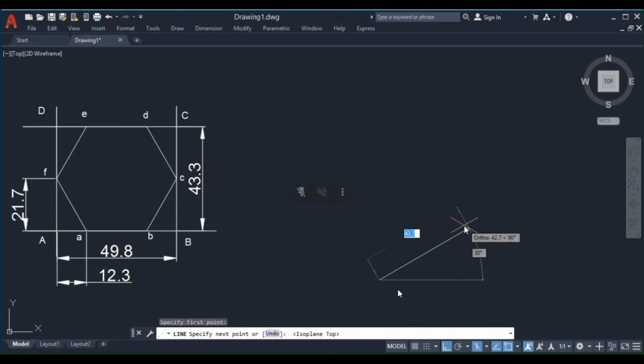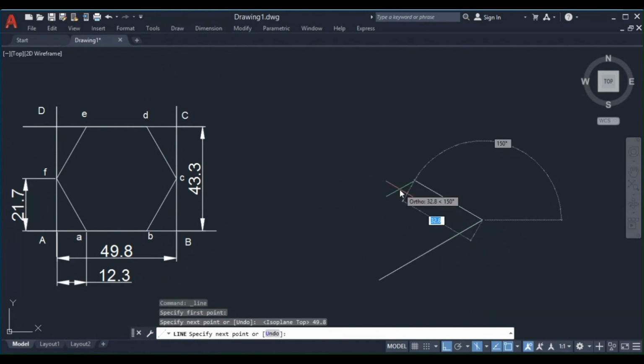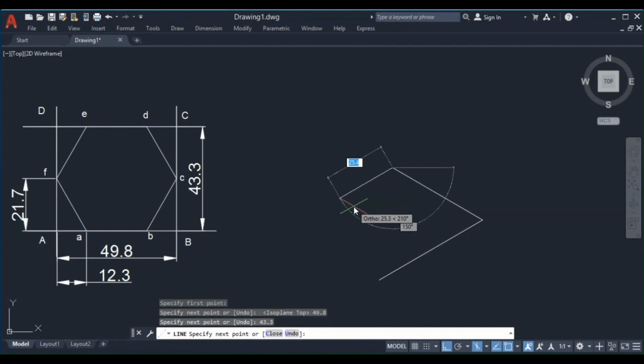Yeah, press F5. So 49.8. So 43.3. Then 49.8.